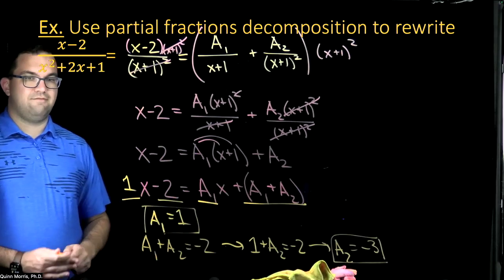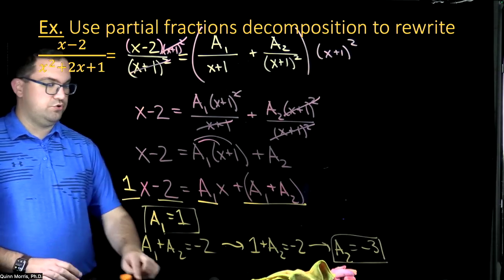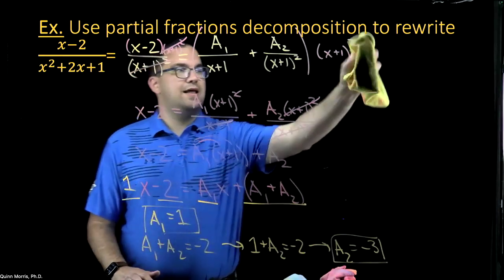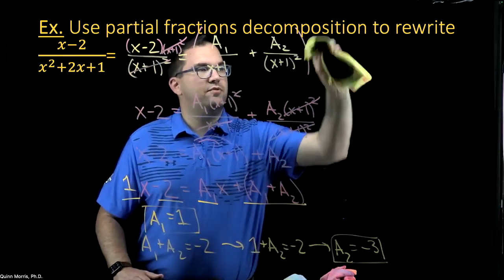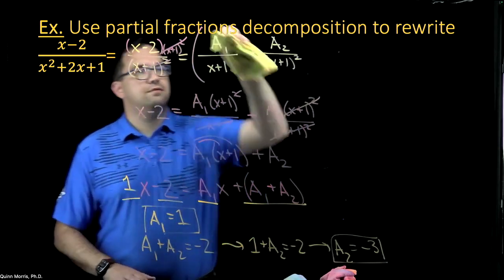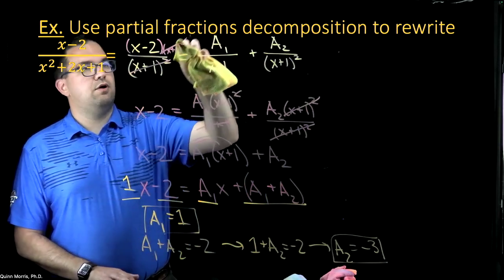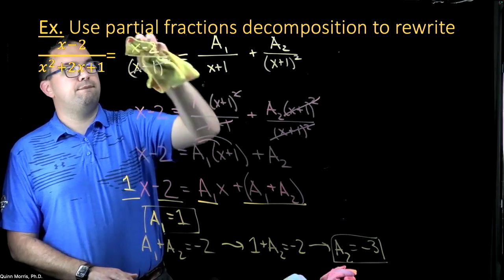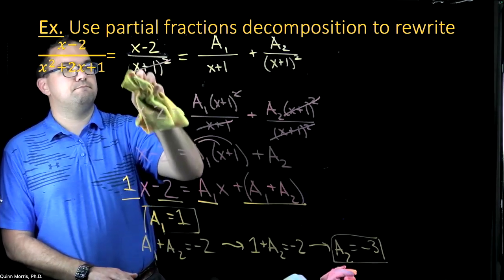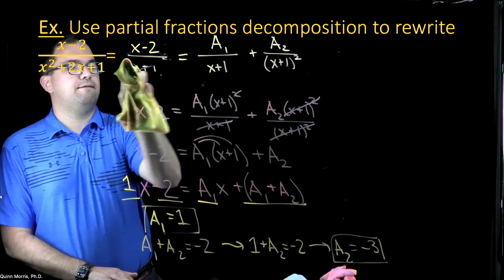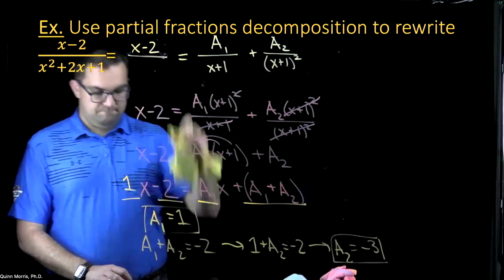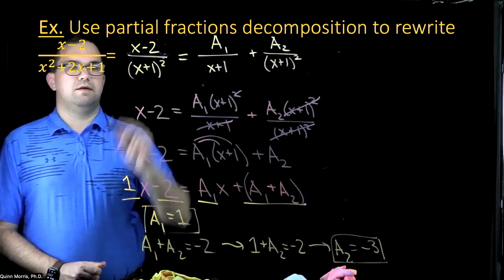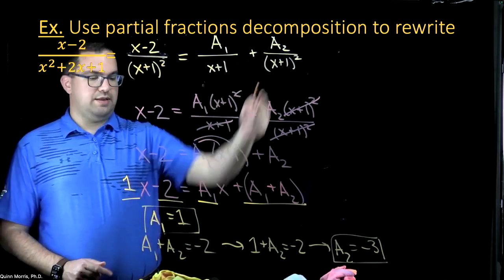So now notice, I have values for a1 and a2. If I go back to my original setup and remember what I was trying to do before I multiplied by anything, I was trying to find a1 and a2.